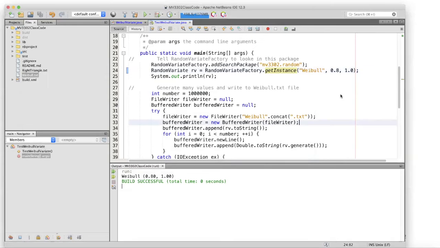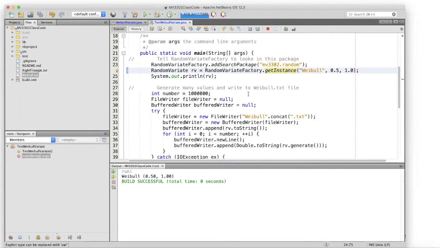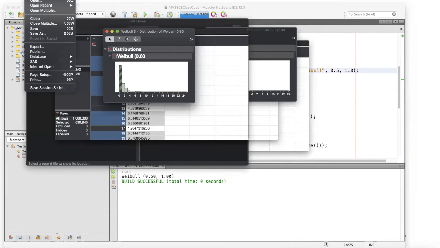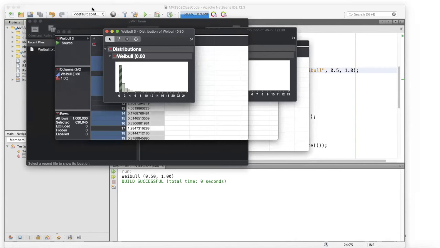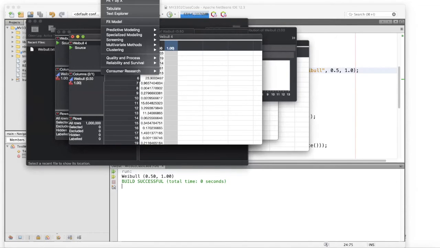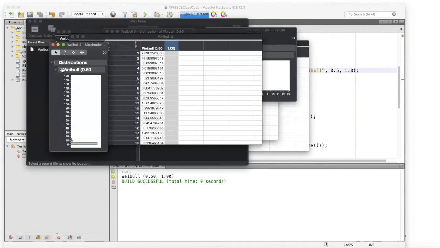And if we go down even more, so let's say to 0.5, let's open it again. Okay, so there's that, and then let's analyze that the same way, histograms only.